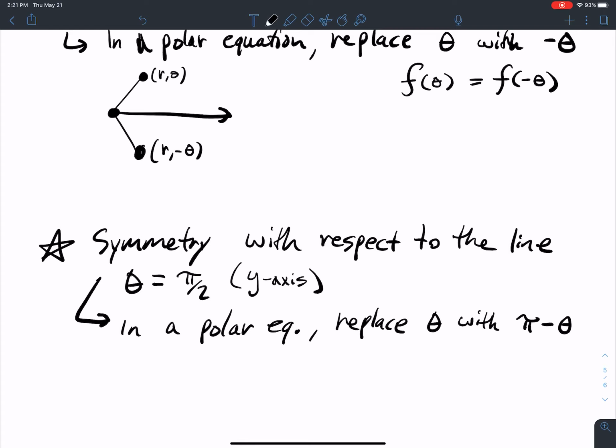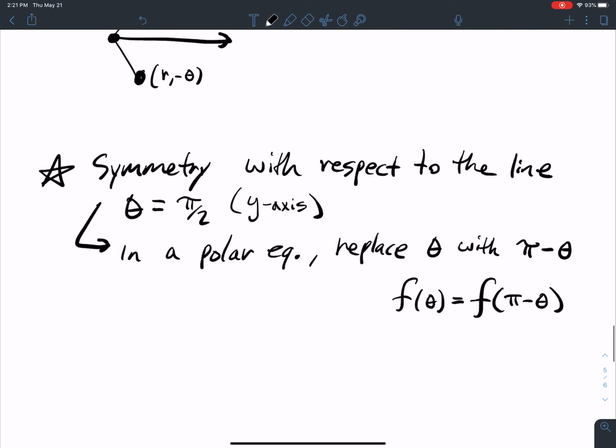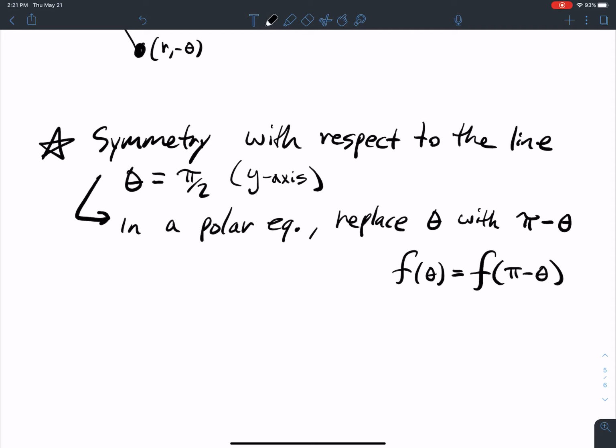So f of theta equals f of pi minus theta there. So what does this look like in the picture? Got your polar axis. If you've got the point here, r comma theta, so that's some angle theta. Now, you got your y-axis here.